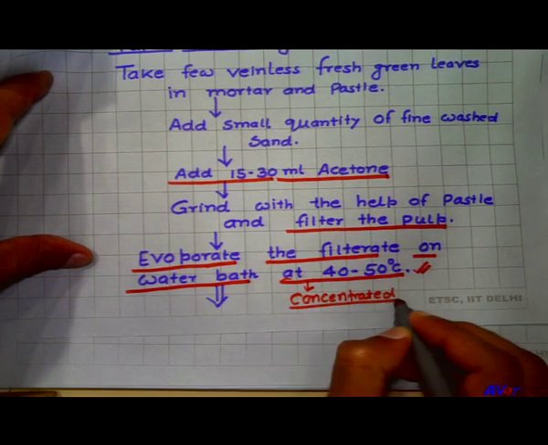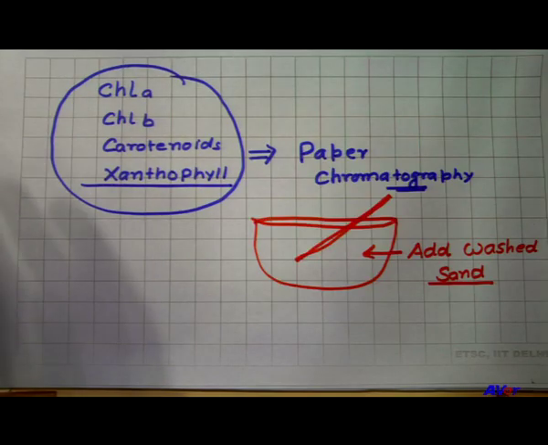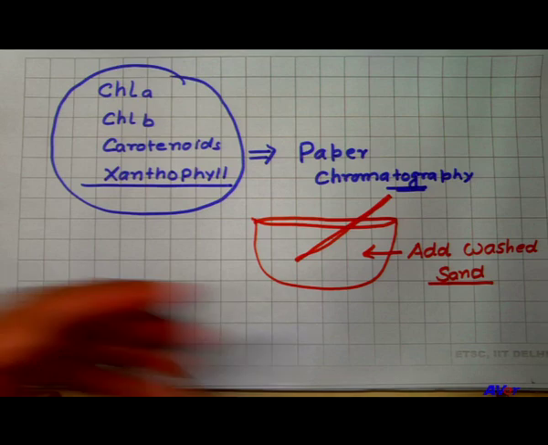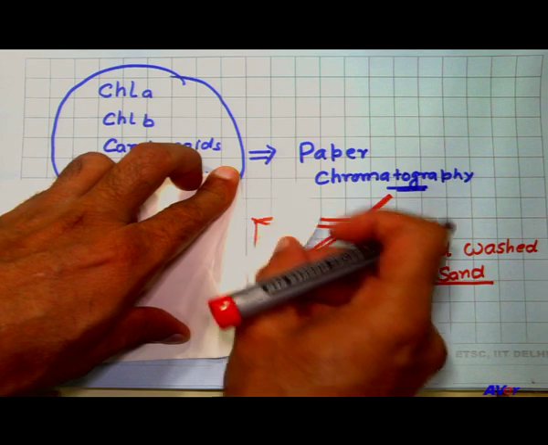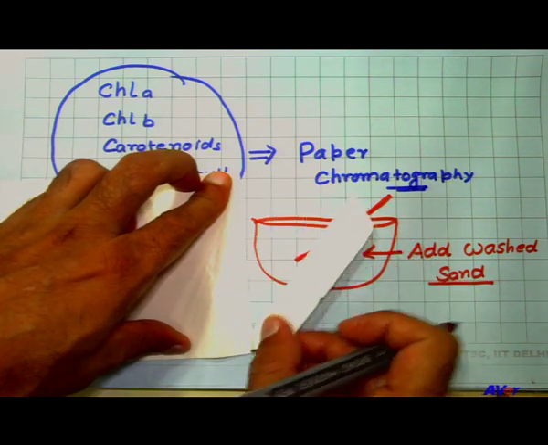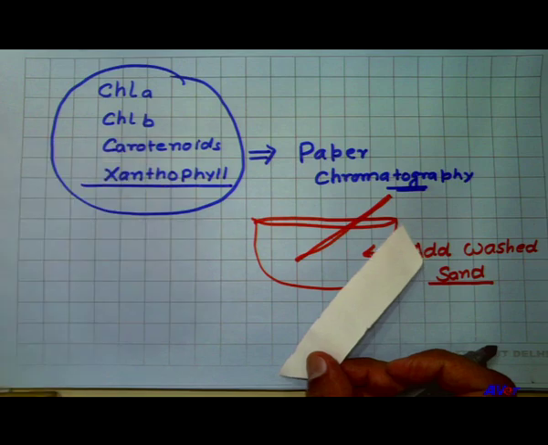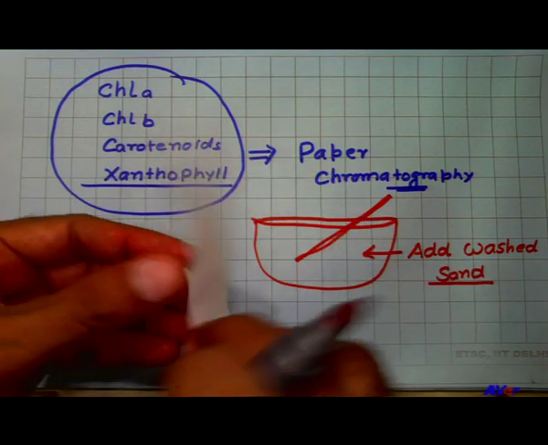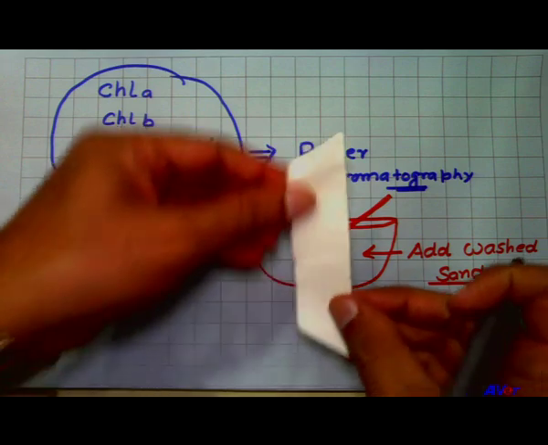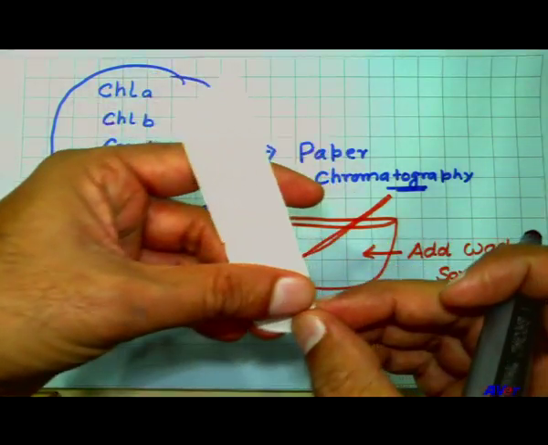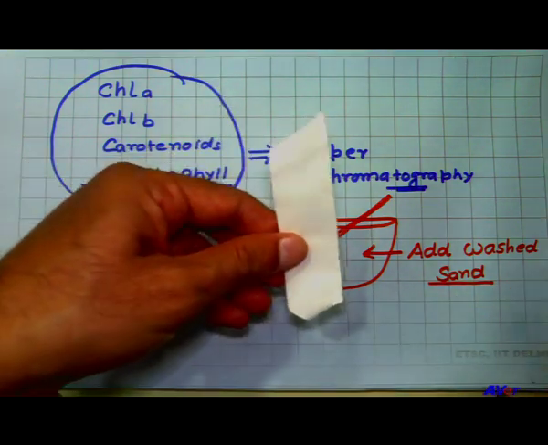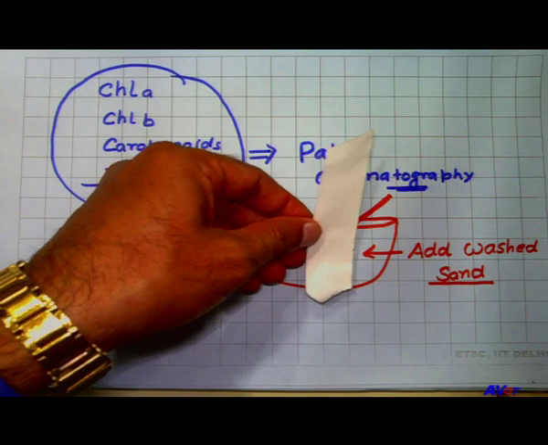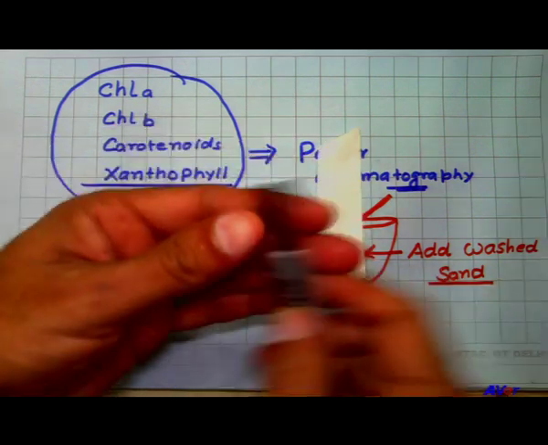When it becomes concentrated, we take chromatography paper of about 10 centimeter long and make a pointed end, like this.